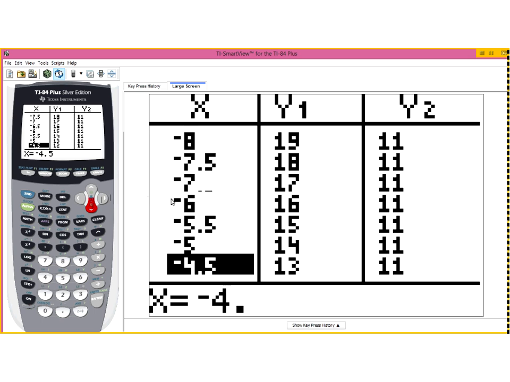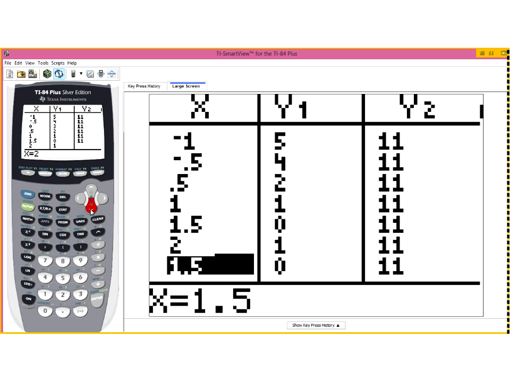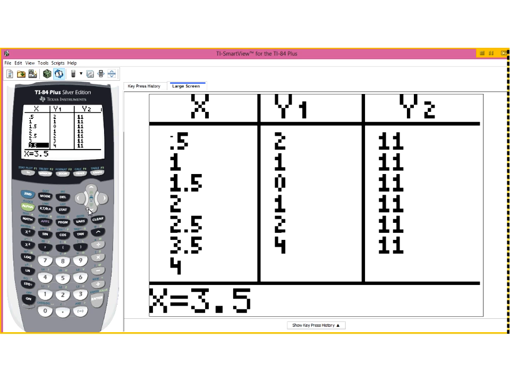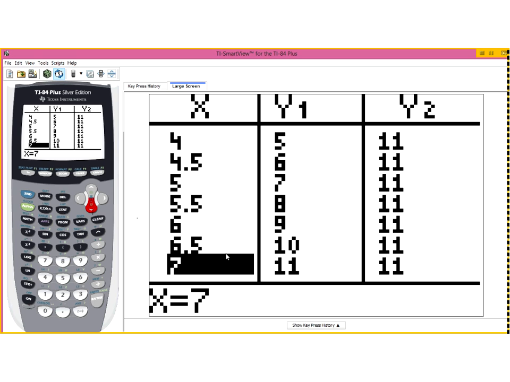Alright, so I start looking for 11. And these are getting smaller, so I'm going to keep going this way. Oh, what do you know? There's 11. X equals -4, y1 equals 11. I keep going. There's 0. Now I'm starting to increase again. And there is a y1 value of 11. And so that happens at x equals 7.